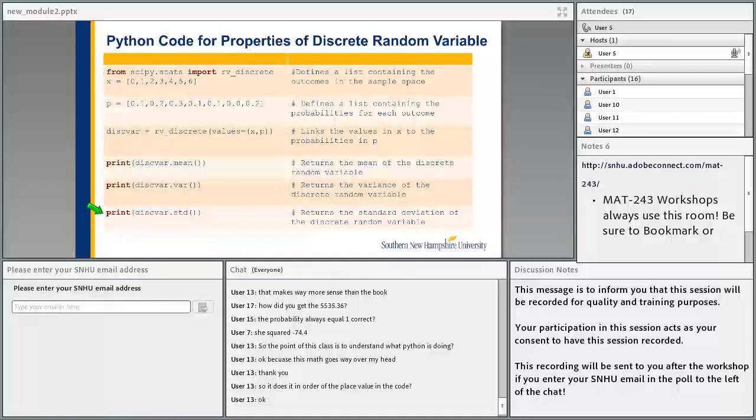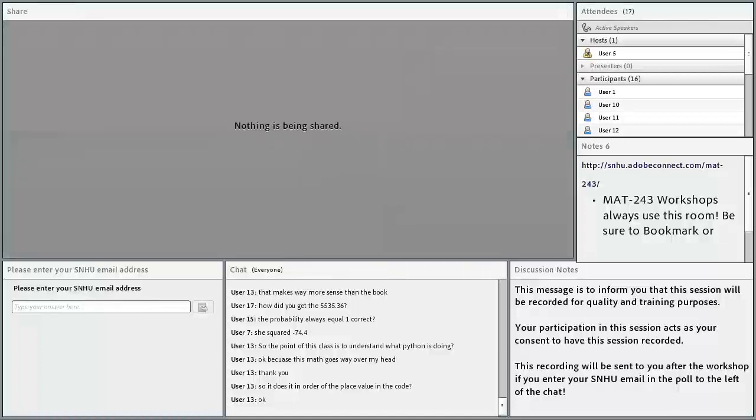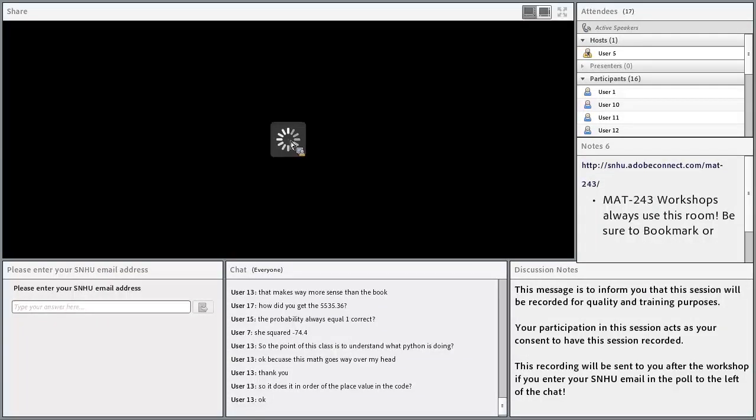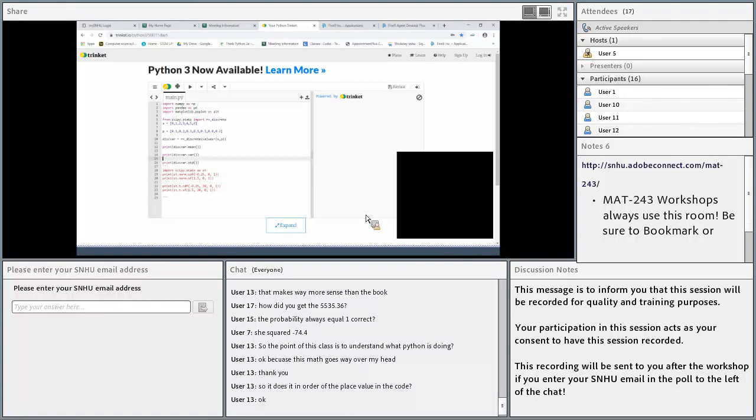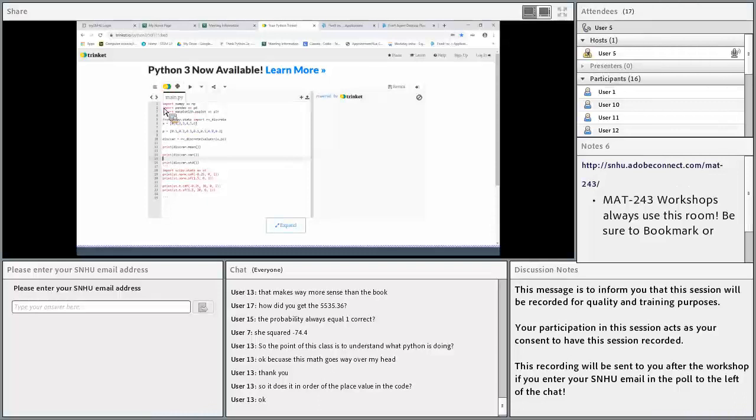So I'm quickly going to stop sharing and open up Trinket and show you the same code there. We will run it and see. Alright, ignore the first three lines where I've imported some modules. So I imported those, but it's not needed right now. From line number 5 through line number 16 is the code that I just had on the slide.